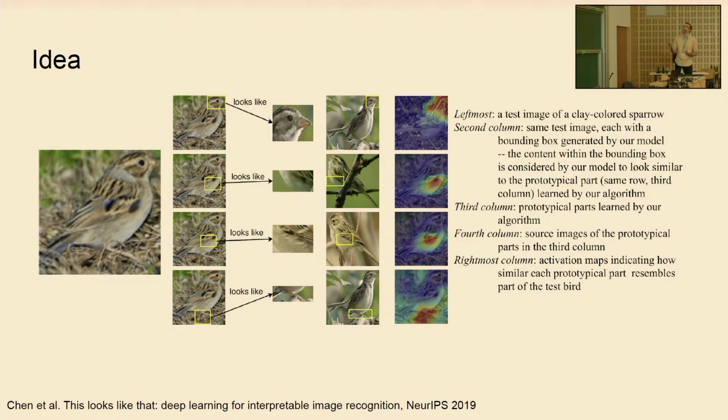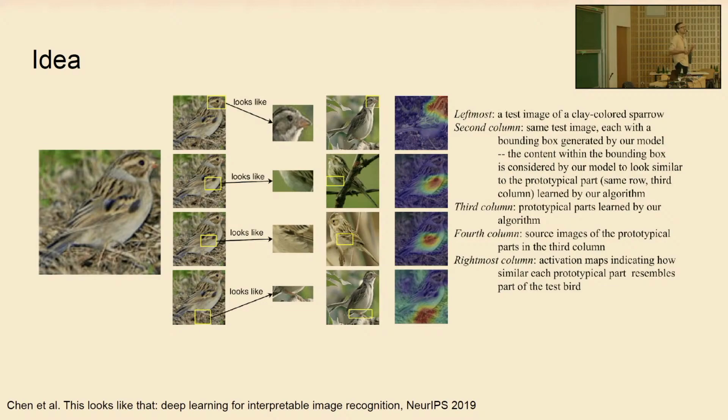So what would be the prototype? The prototype would be the clay-colored sparrow, right? Like the prototype of the clay-colored sparrow, like the whole bird. But prototypical parts consider its different parts, like the head of the sparrow, the legs of the sparrow, the belly of the sparrow, right?